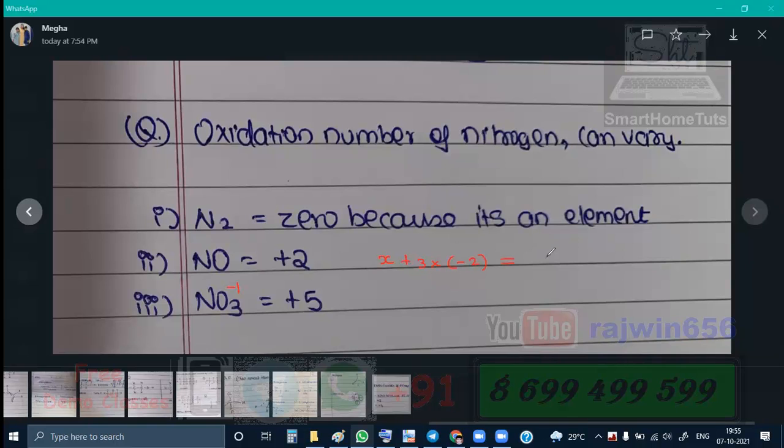This is equal to minus 1. So this is going to become X minus 6 is equal to minus 1. X is equal to minus 1 plus 6. So this is going to give me plus 5.